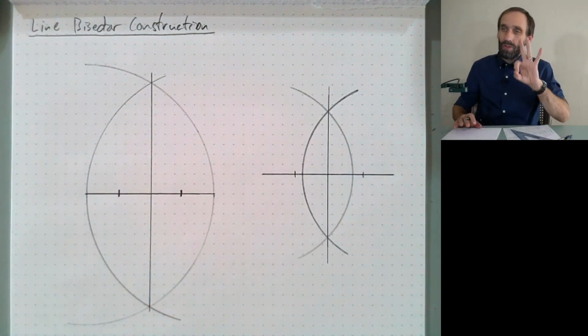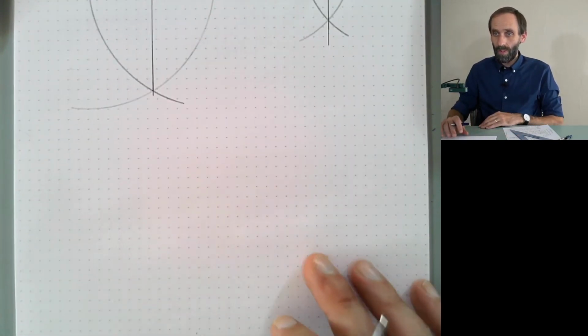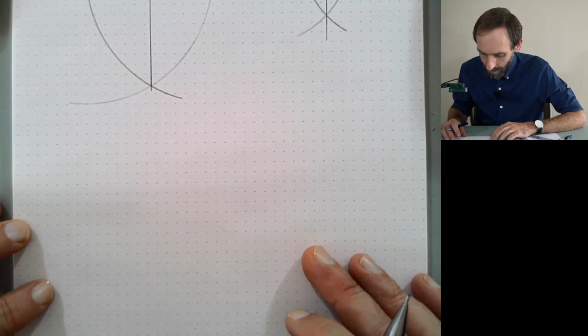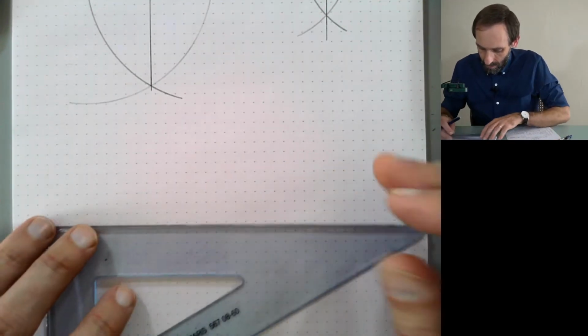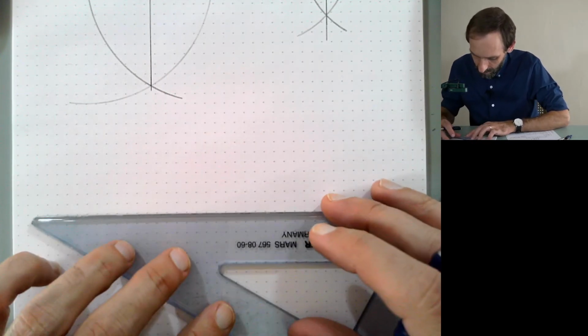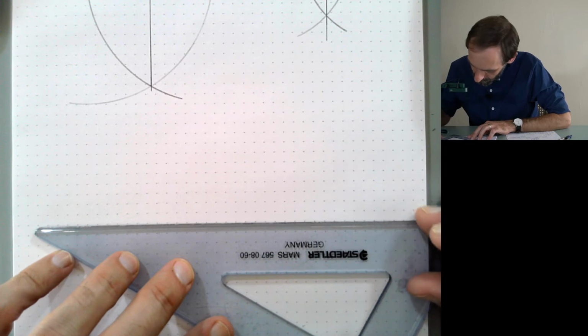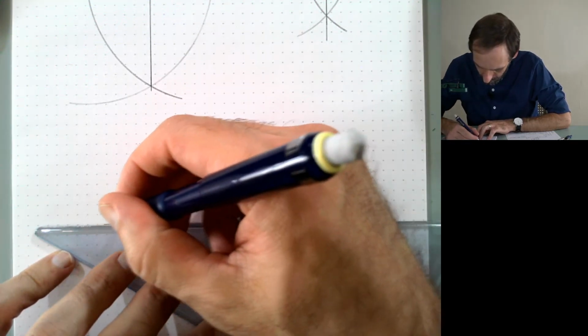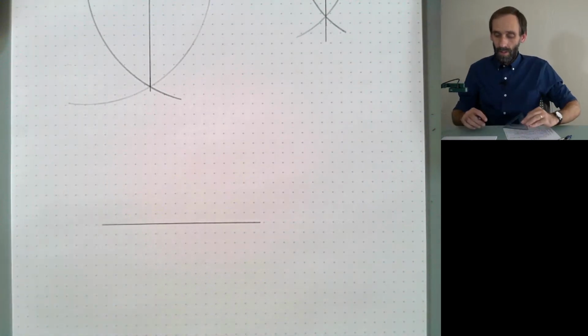But I promised you 3 methods. So let's do just one more method, okay? And in this method, we are going to, once again, start with our line segment. Okay, so there's my line segment.